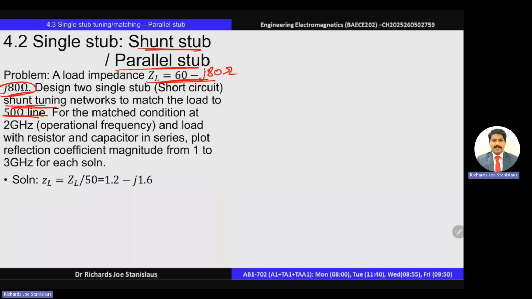When we have a statement of a 50 ohm line, the characteristic impedance is 50. So normalized zL equals capital ZL upon Z naught. When we substitute, we get a value of 1.2 minus J 1.6.